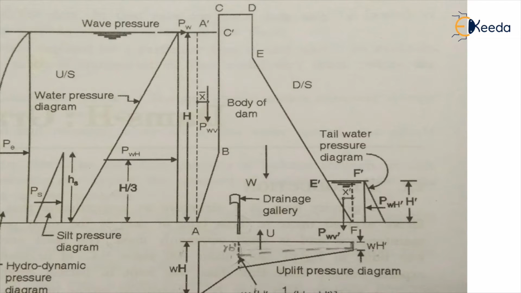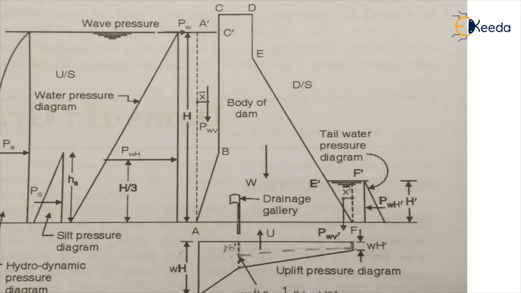If I want the area of the rectangle, I can easily use the formula B into D, width into depth. For the area of a triangle, the formula is half into base into height. Simply I put that formula, and I can easily find out the self-weight of the dam. So this is the major dam. After finding out the water pressure, we have to find out the self-weight of the dam.